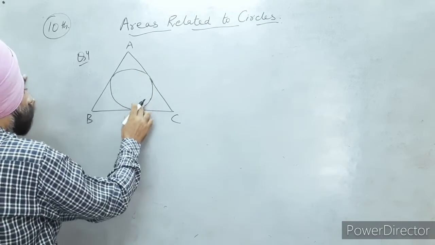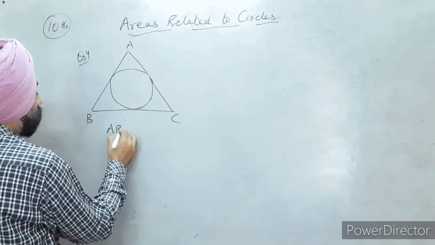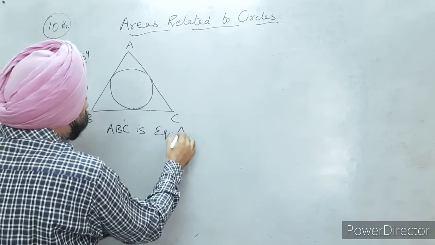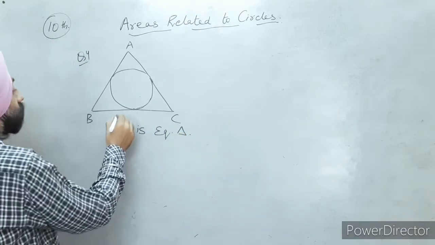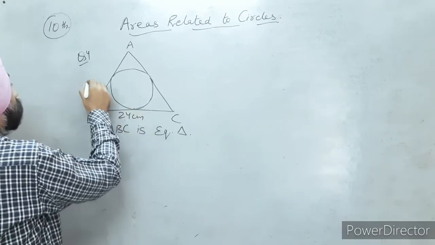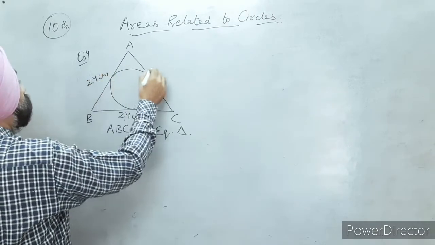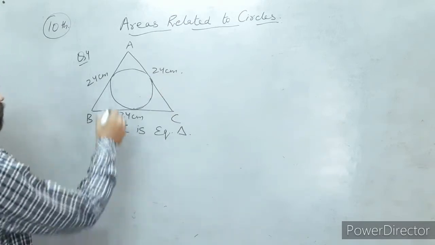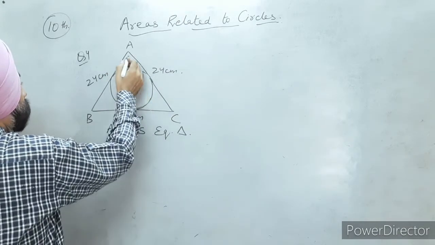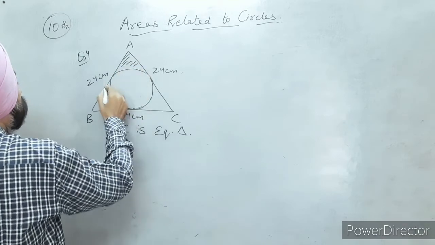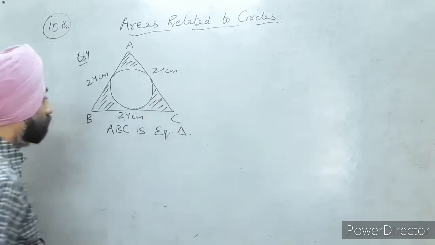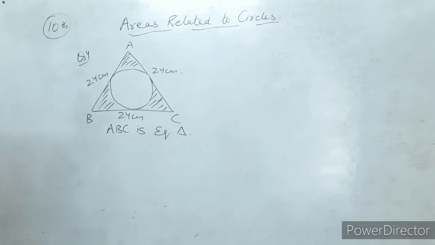This ABC is an equilateral triangle with the side 24 centimeter, 24 centimeter, 24 centimeter. A circle is inscribed in it. I need the area of the shaded region.